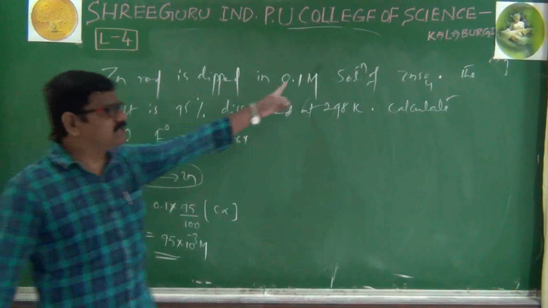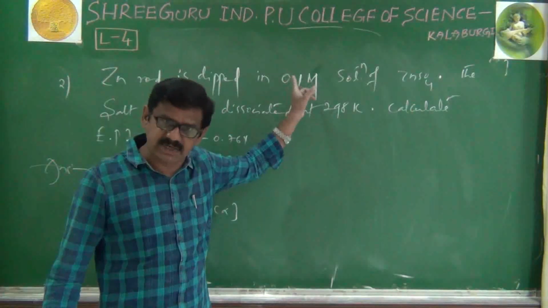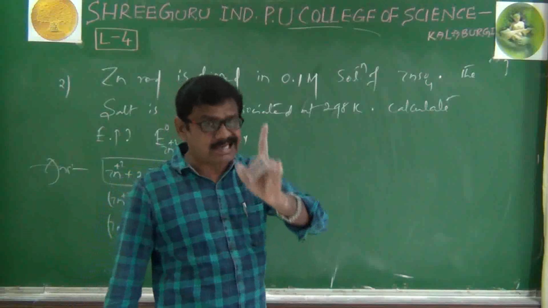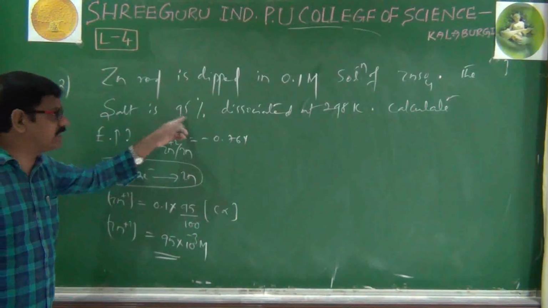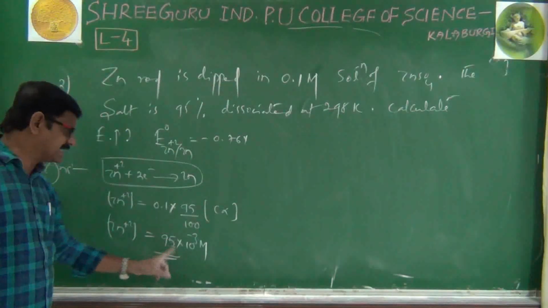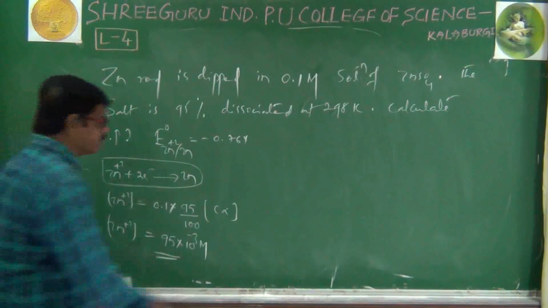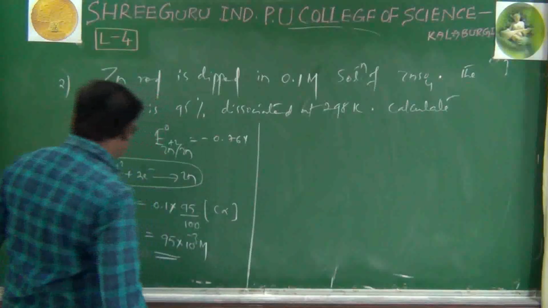As the Zn2+ concentration, we have to take this much. Don't take 0.1 molar, because 0.1 molar concentration is for 100% dissociation, but this is just 95% dissociated. That's why the Zn2+ concentration is 95 into 10 to the power of minus 3. And of course, n value is 2.